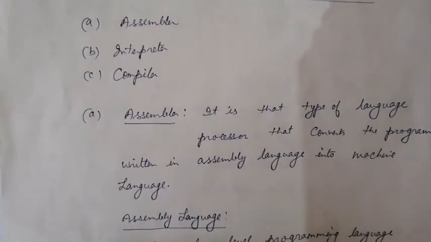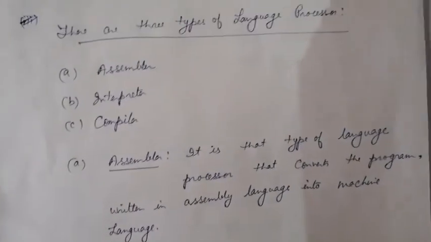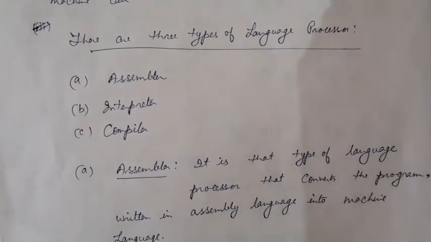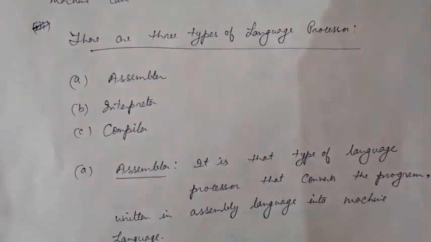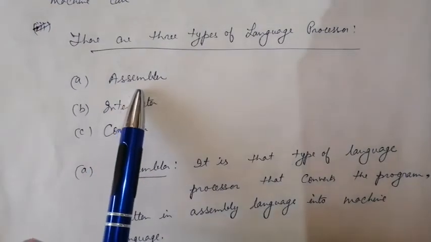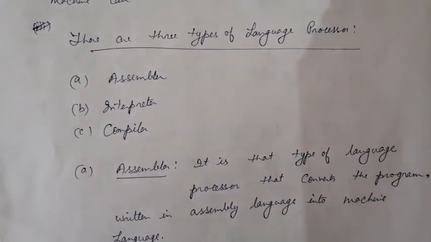One thing which I need to cover is the language processor. Second one was language processor. There are three types of language processor: assembler, interpreter, compiler. What is a language processor? As I told you before, a language processor converts the programming language into machine language, which understands only 0 and 1.